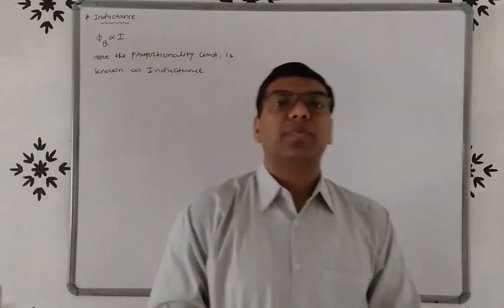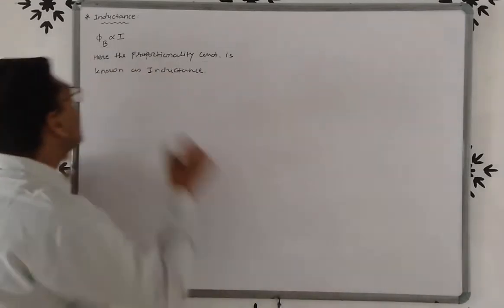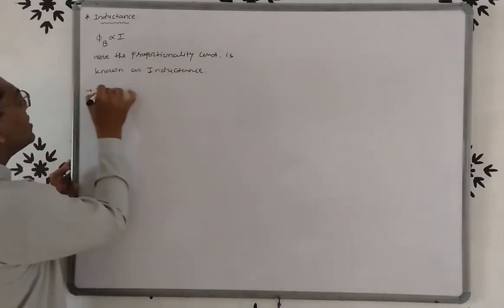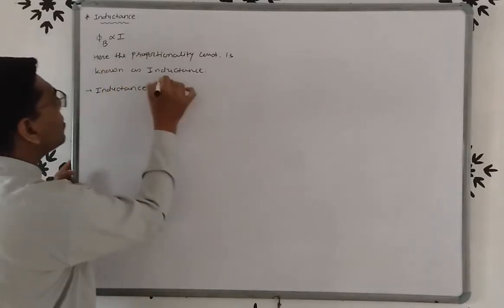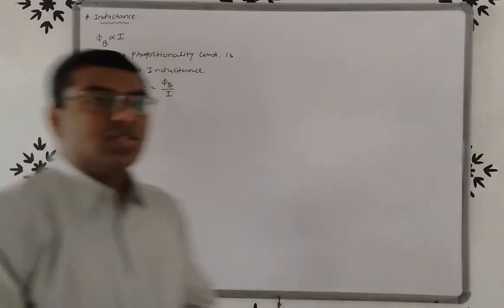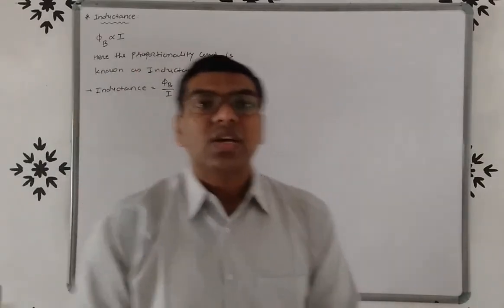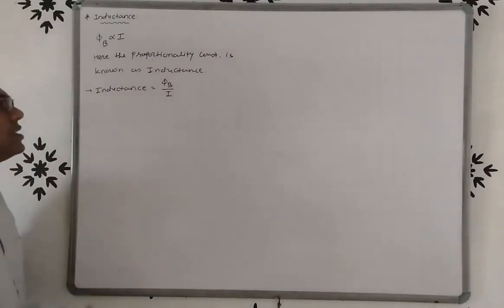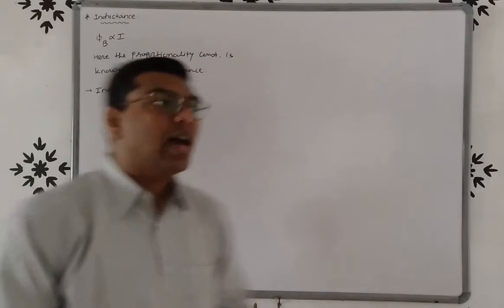So we can write this inductance is equal to phi b upon I, right? If the proportionality constant is known as inductance, then inductance is equal to magnetic flux, that is phi b, upon current I.